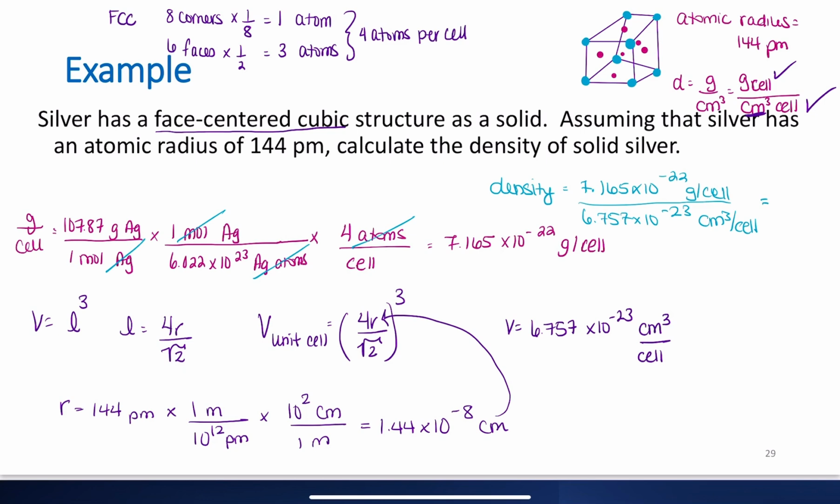That gives me 10.60 grams per centimeter cubed, the density of silver. And if you look it up, you should find that it's pretty similar to your answers here. You should find very accurate calculations.